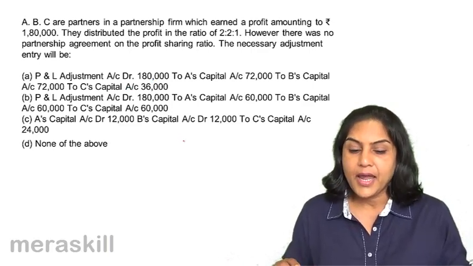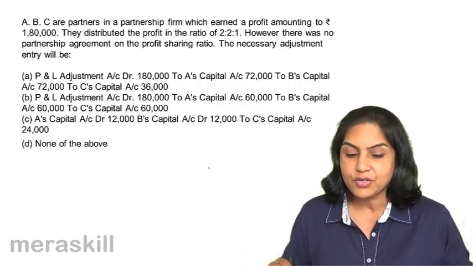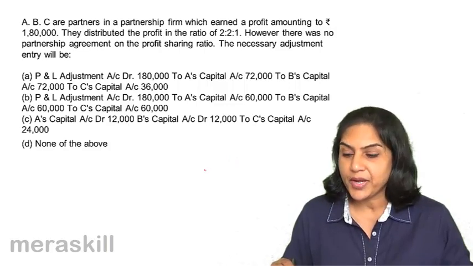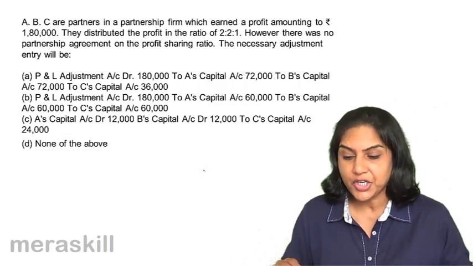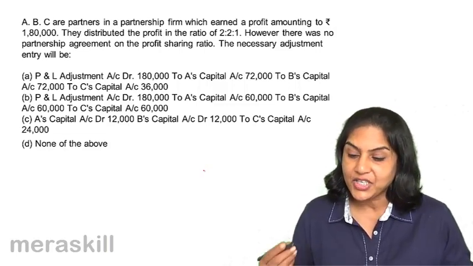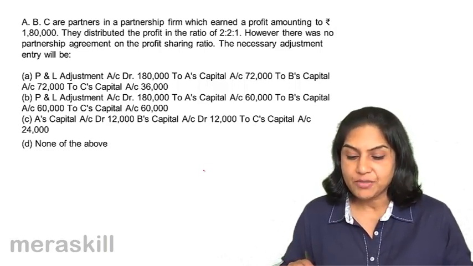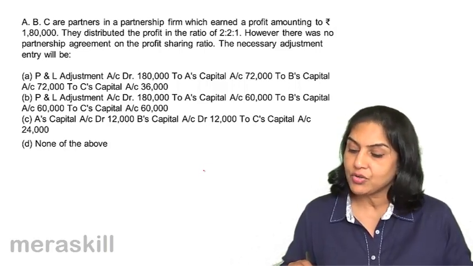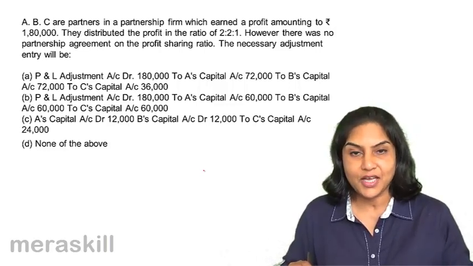Next. A, B, C are partners in a partnership firm which earned a profit amounting to rupees 1,80,000. They distributed the profit in the ratio 2:2:1. However, there was no partnership agreement on the profit sharing ratio. The necessary adjustment entry will be: A, profit and loss adjustment account debit 1,80,000 to A's capital account 72,000, B's capital account 72,000, to C's capital account 36,000.